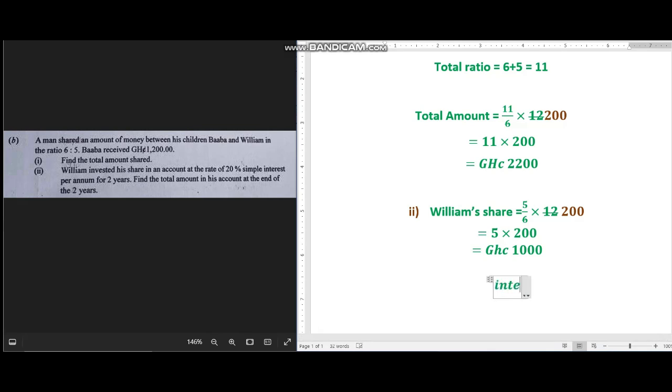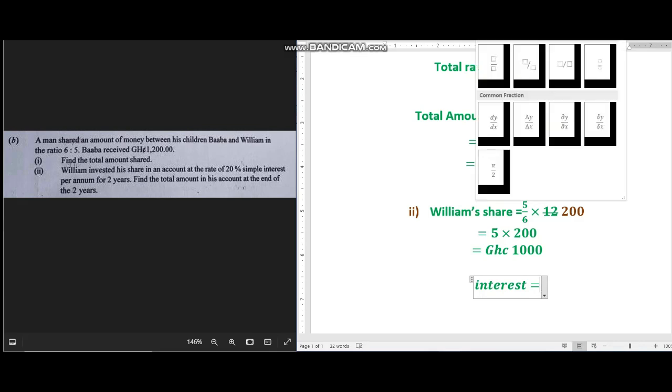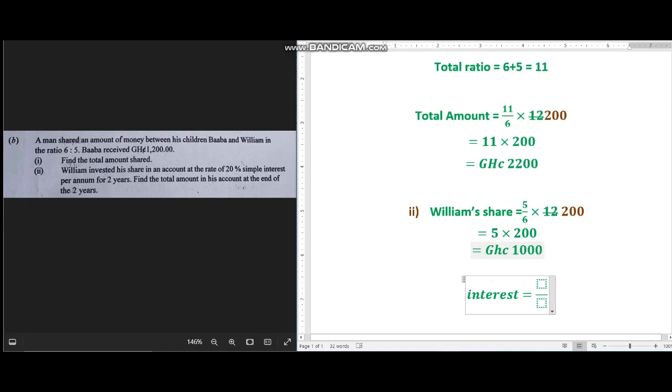Interest is equal to principal times rate times time. I don't know whether I should write it in full, so let me write it in full.